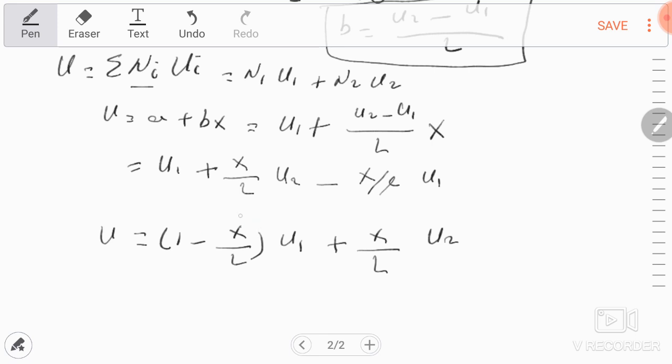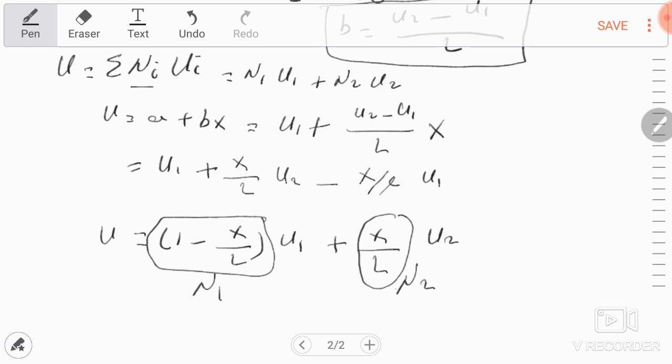So this part is called N1, and this part is N2 for node 2.